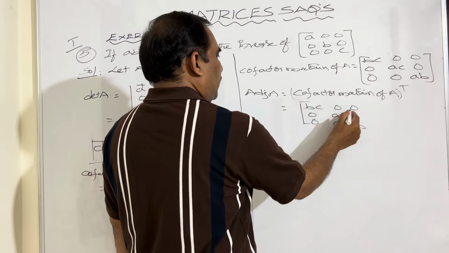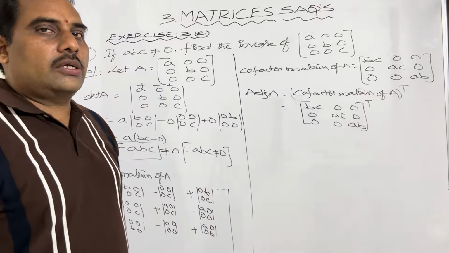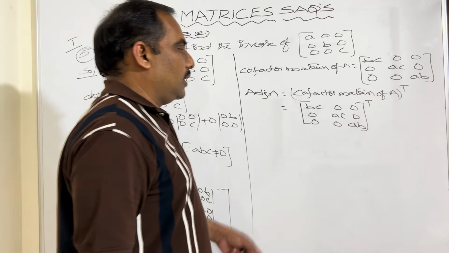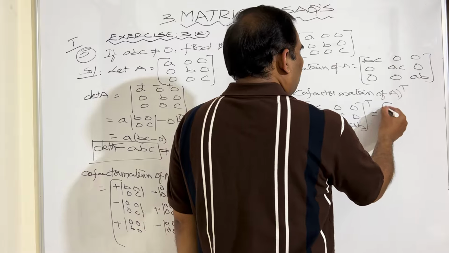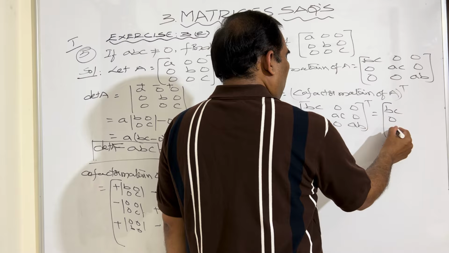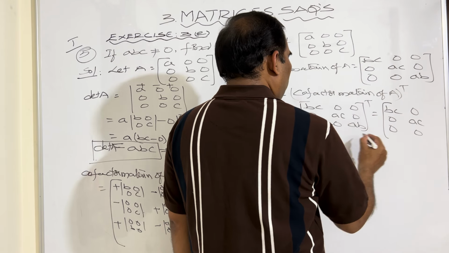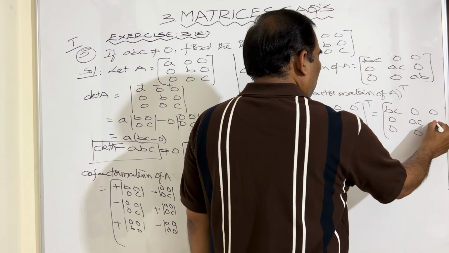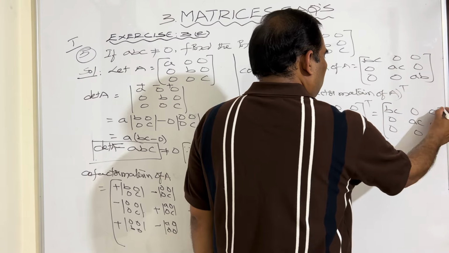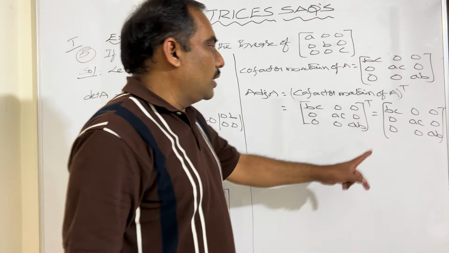This is the cofactor matrix. Transpose of a diagonal matrix gives the same matrix, writing first row as first column, second row as second column, third row as third column.